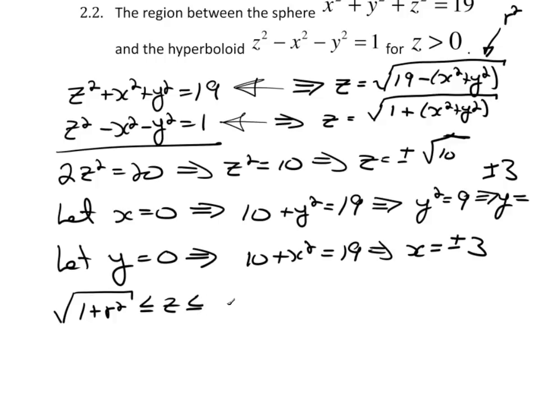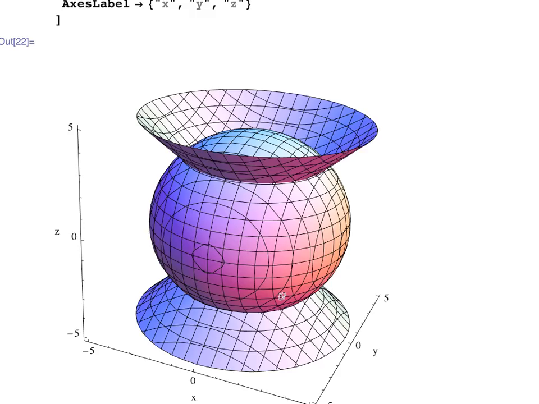And it's going to go clear to the square root of 19 minus r squared. So that's going to be the boundaries on z. And in looking at x and y, it's going to be plus and minus 3. So I can think in terms of the radius. I was going from positive to negative 3, which means the radius is actually equal to 3.